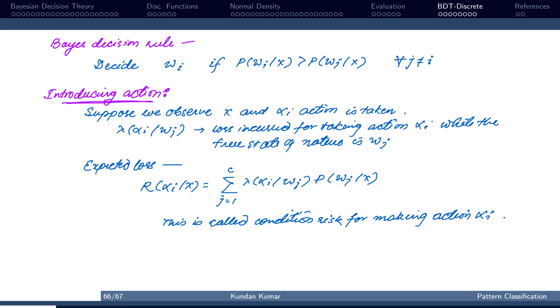Whatever loss we have incurred, based on that we want to minimize the risk. In that case, the Bayes decision rule minimizes the overall risk by selecting the action alpha i from the set of actions for which R of alpha i given x is minimum. Then the resulting minimum overall risk is called the Bayes risk.